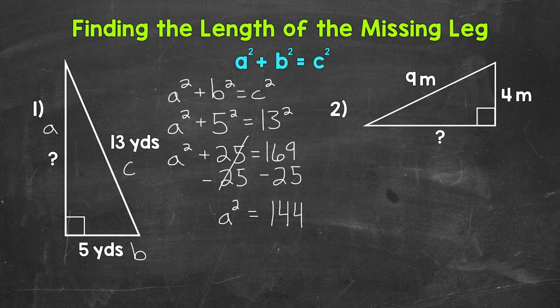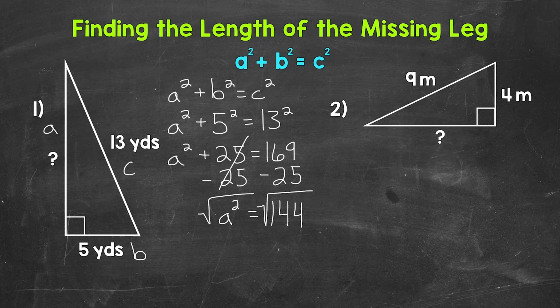So now we have A squared equals 144, and we need to continue to look to isolate A and figure out what A equals. Since A is being squared, we can take the square root in order to isolate A. Whatever we do to one side of the equation, we must do to the other.